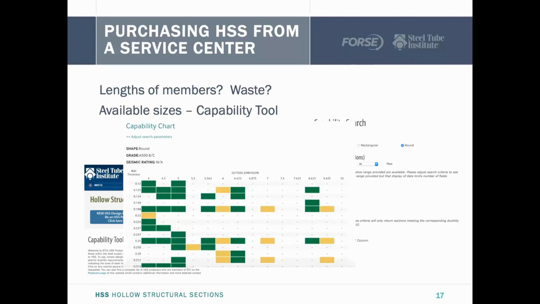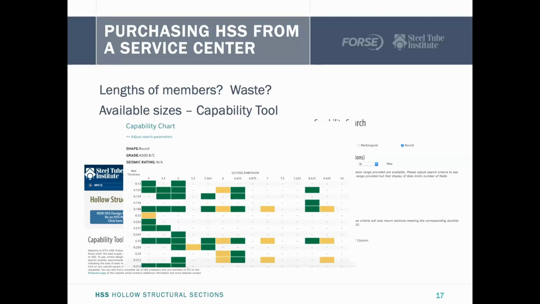Something that's yellow means that our producers have the ability to make it, but they're not regularly rolling it. So unless you need a lot of it and have some time to wait for them to actually make it, I would try and avoid the yellow sections. And then something with a dash means that none of our producers are making it and they don't have the capability to make it, so you definitely want to avoid it.